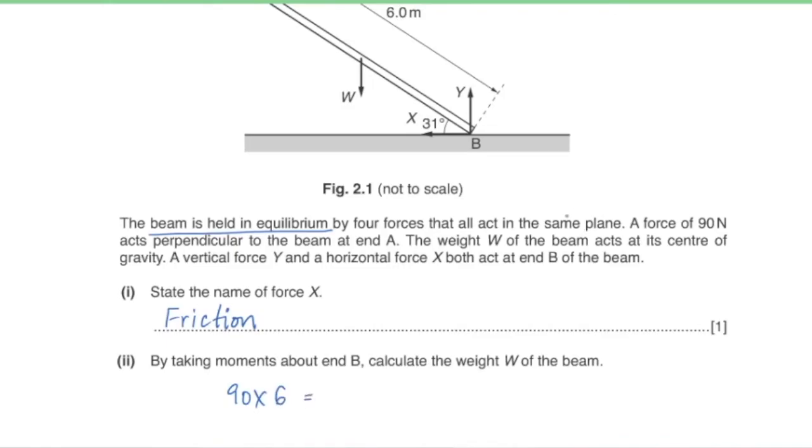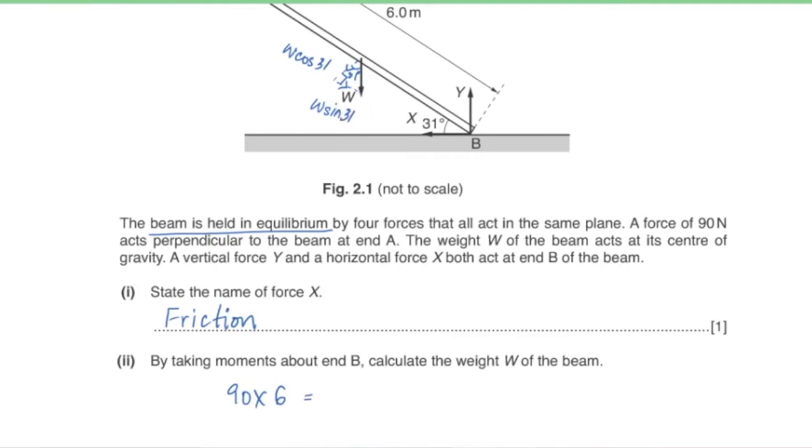Now for the anti-clockwise moment, we need to have the weight vertical component, so that we get perpendicular distance between this vertical component of W and this dotted line at pivot B. Before we calculate that, we know that this is 90 degrees of angle and this is 31 degrees of angle. So this vertical component can be measured by taking W cos 31, and this horizontal component is W sin 31.